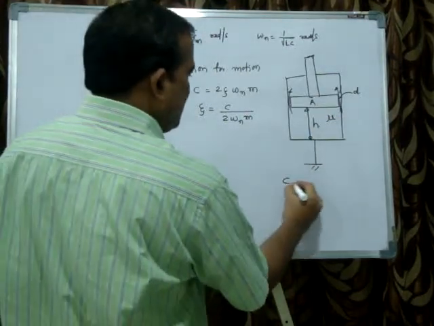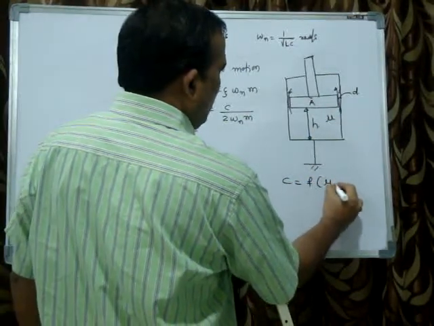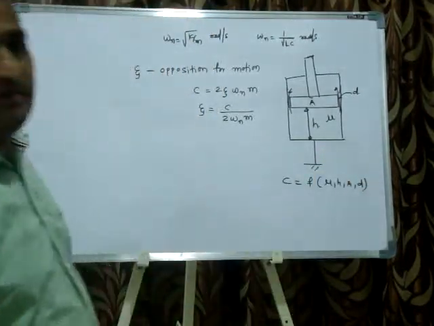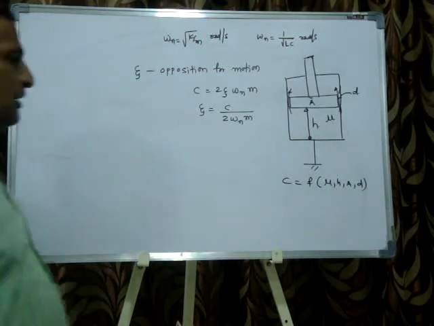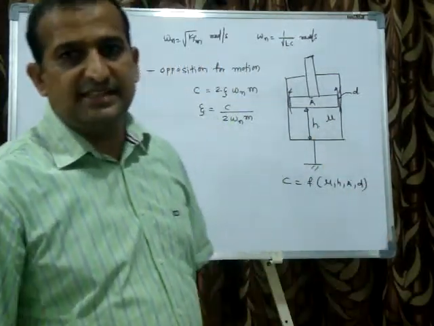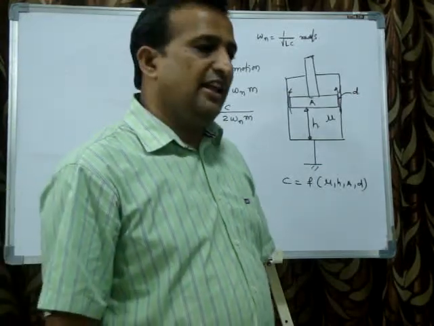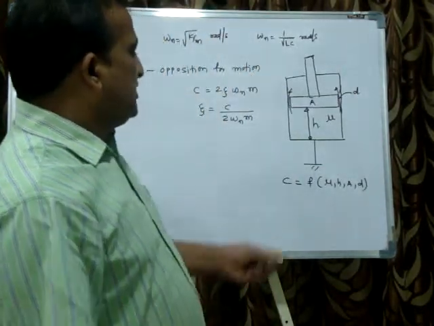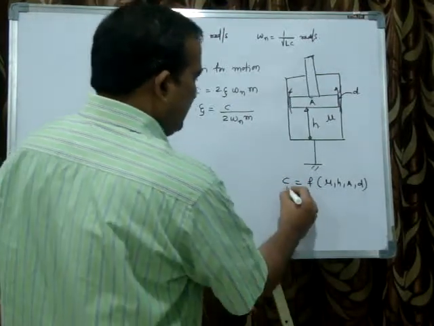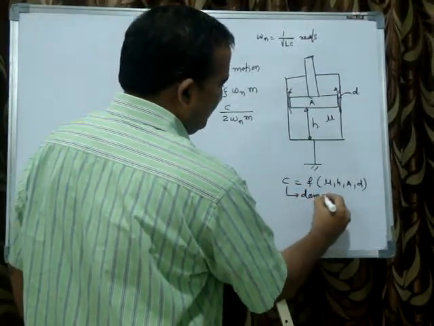So C is a function of mu, H, A and D. Some are directly proportional, some are inversely proportional. So I can calculate C if I know the viscosity, which is a very important factor in this case, and the clearance and area of cross section. So I can find the damping coefficient C. C is called the damping coefficient.